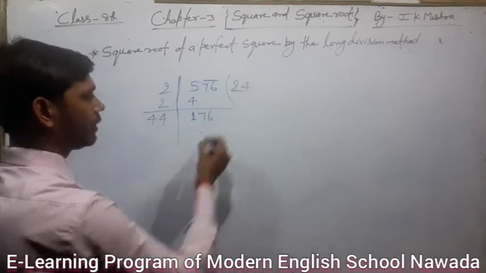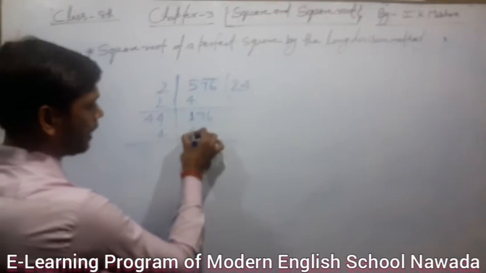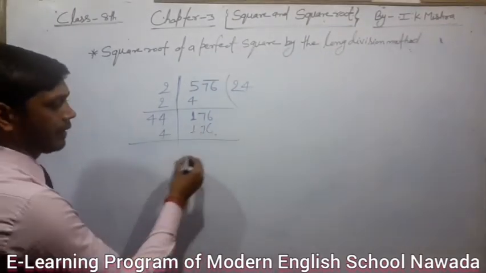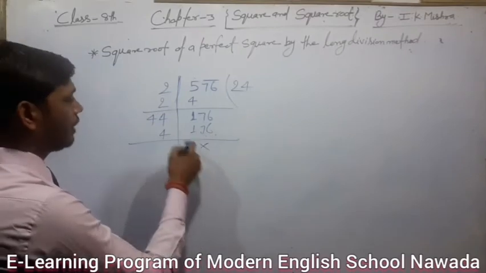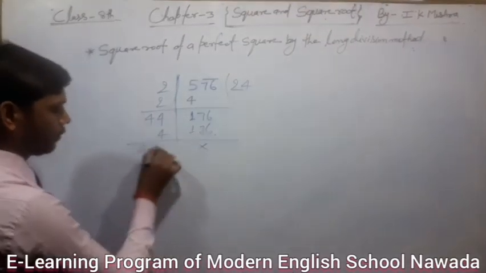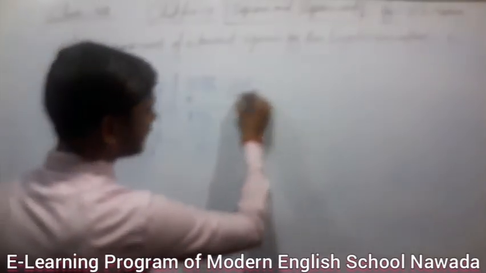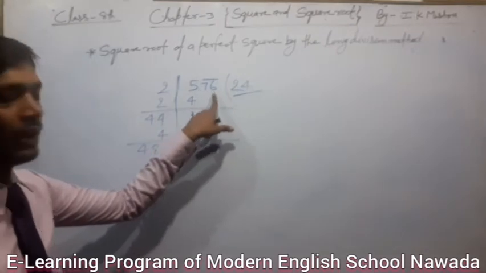Here 4 is written and 4. When you multiply, 176, the remainder will be completely 0, and it will be 8 when you add 8 and 4. Here this is the square root of this number.